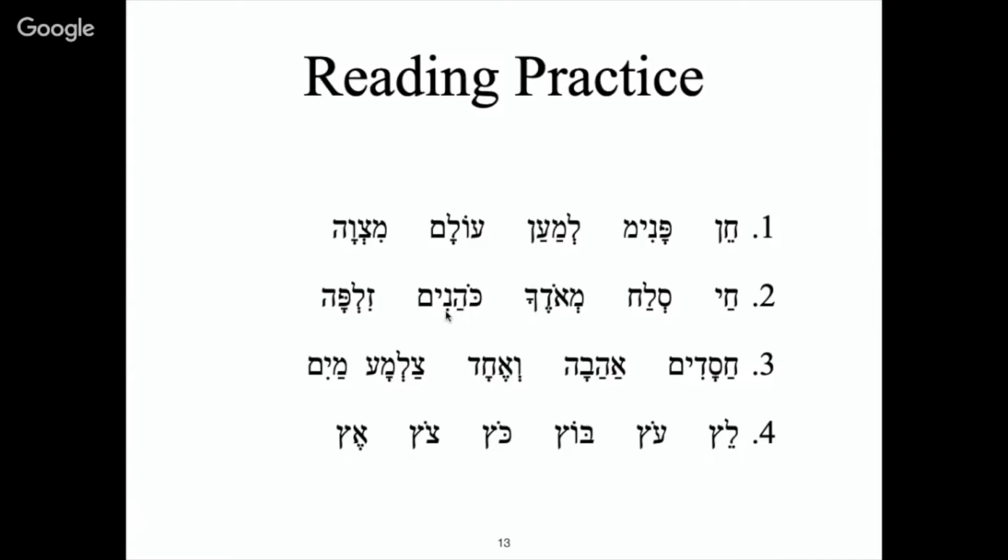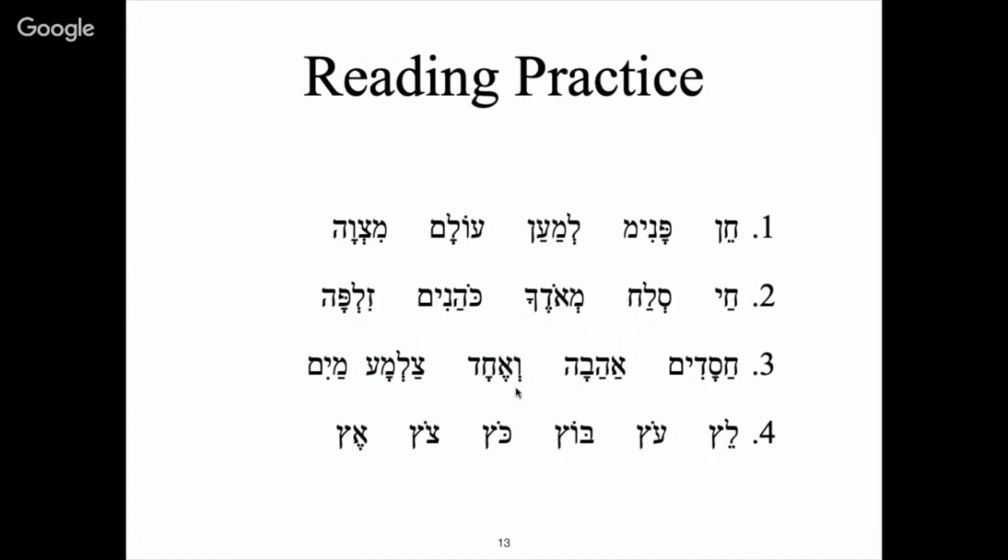This says kohanim. This says zil pa. And again, this sheva here ends the syllable. Zil pa. This says chasadim.